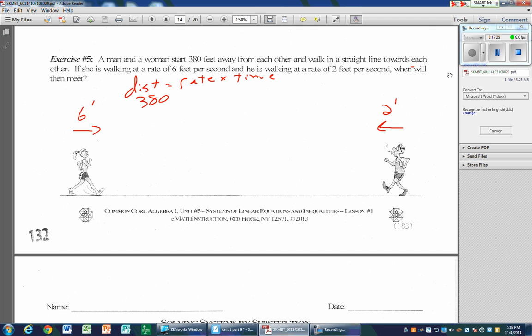So that's what's happening here. You're not moving towards each other very fast, but here, these people, they're moving towards each other faster than what they're actually moving.